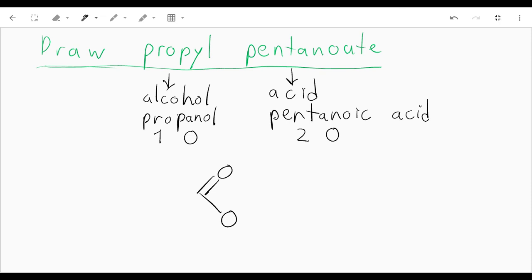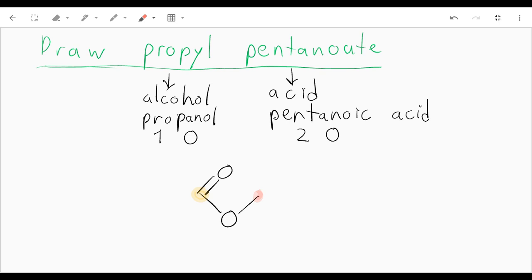The carbon here, and it's really important you remember there's already a carbon here, is bonded to two oxygens. We're also going to have another carbon right here that's bonded to one oxygen. This is how we're able to name and draw these compounds.